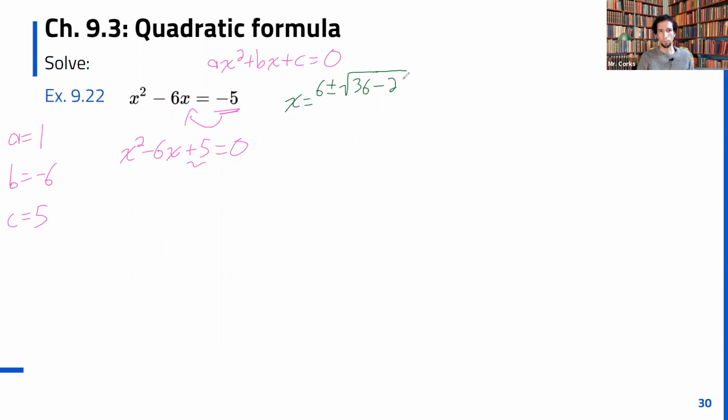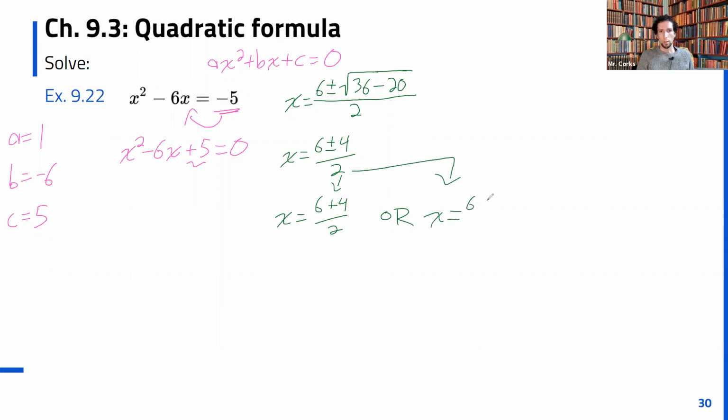So 20. So 36 minus 20, and over 2a, so just over 2. So x is equal to 6 plus minus 36 minus 20 is 16. Square root of that is 4. 6 plus 4 over 2, or x is equal to 6 minus 4 over 2, and 1, 5.